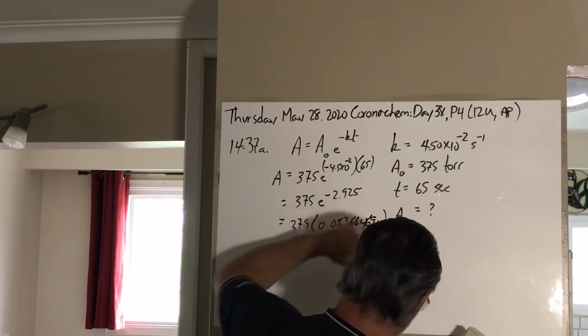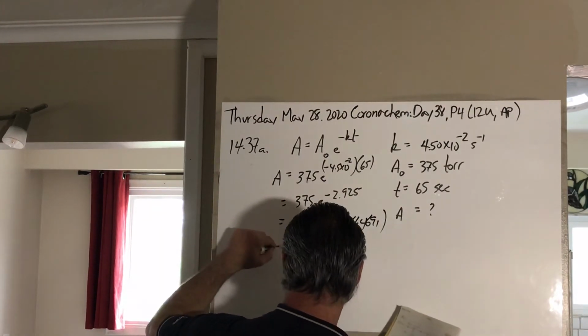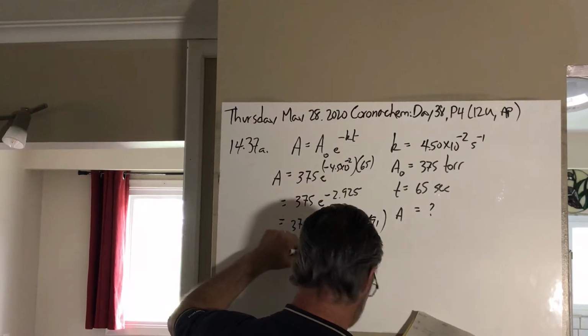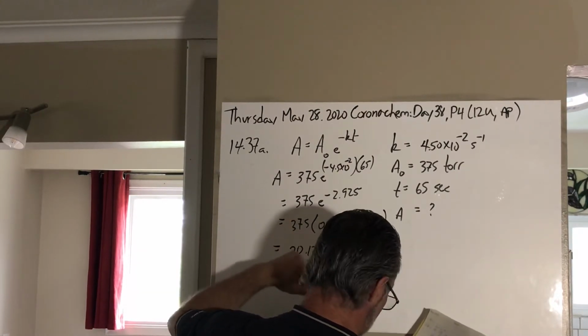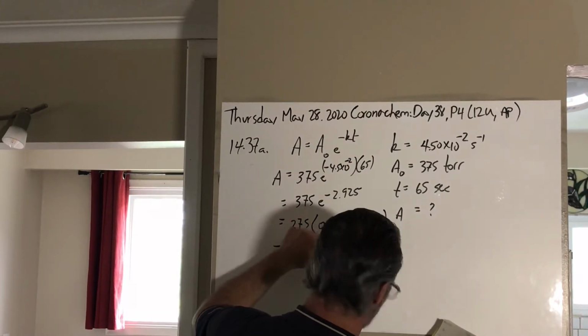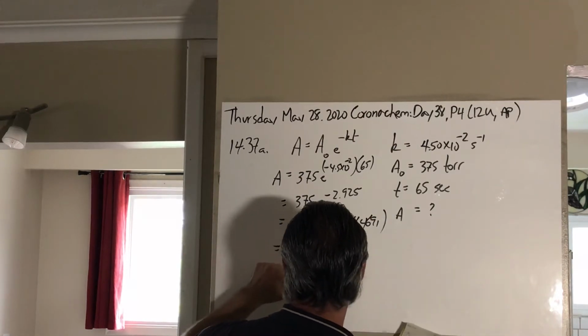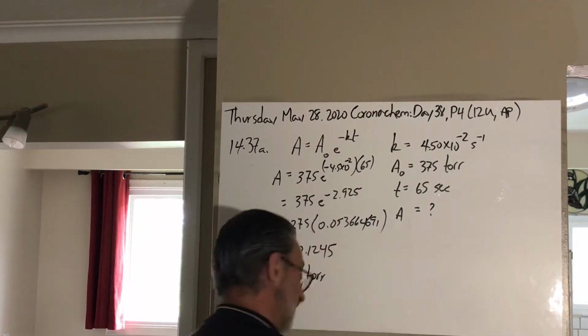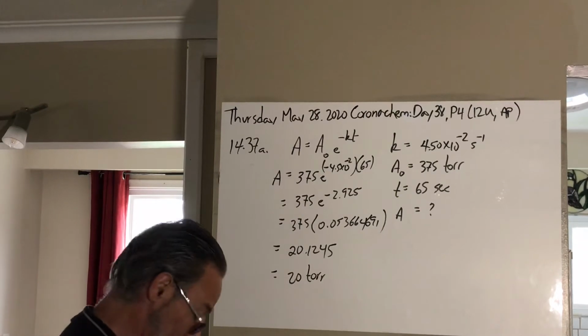That's what I got in my calculator readout, and that works out to 20.1245. We're only going to report the 2 sig figs, so it's 20 torr. After 65 seconds, the pressure is 20 torr.